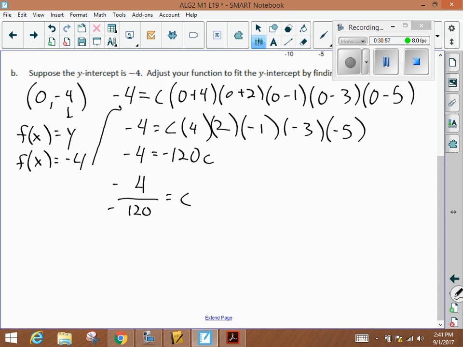We've got a negative divided by a negative, which is going to be a positive. So 4 divides 4 once. We're going to simplify this fraction. And 120 divided by 4 is going to give me 30. So c is 1 over 30. That is the answer. Fantastic.